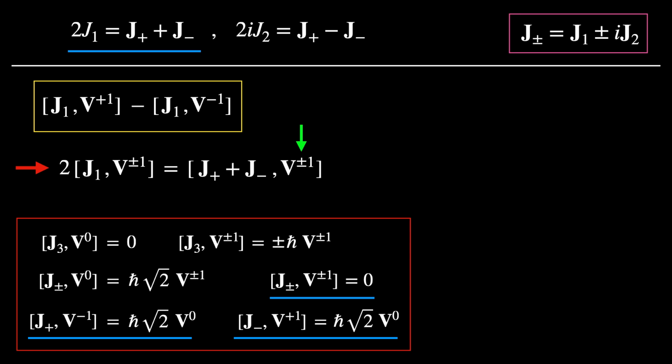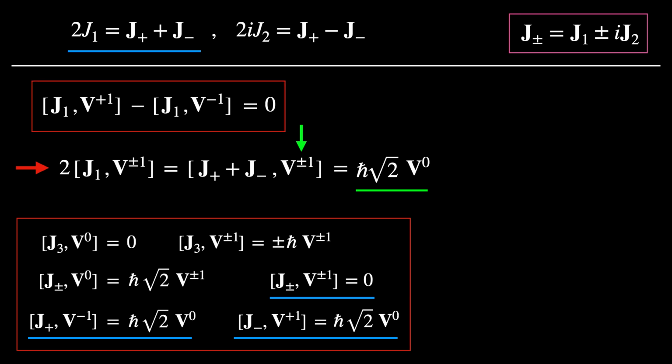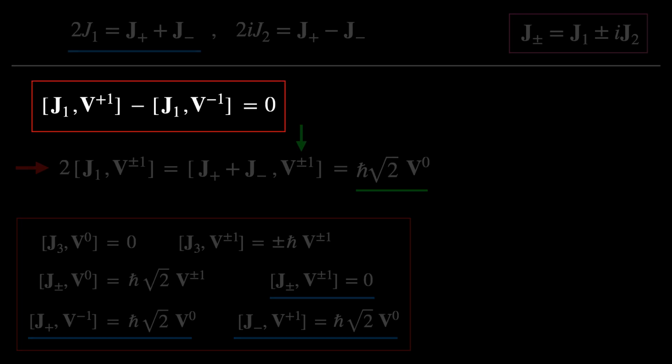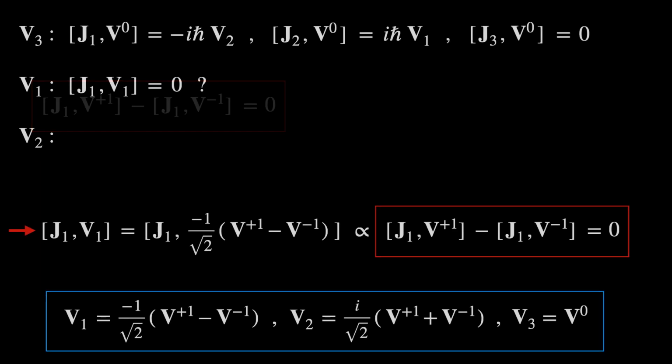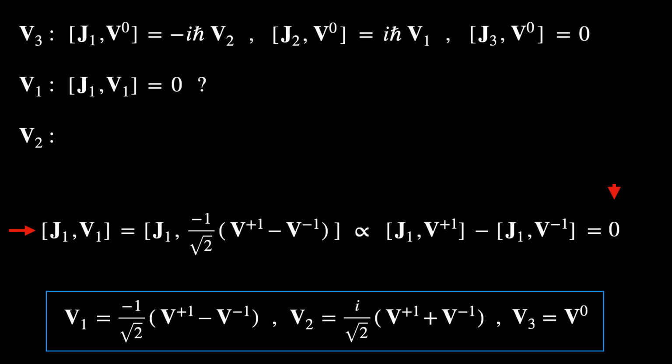Notice that we get the same result for V plus 1 or V minus 1. Therefore, these 2 terms in the yellow box just cancel each other. So indeed, J1 commutes with V1.